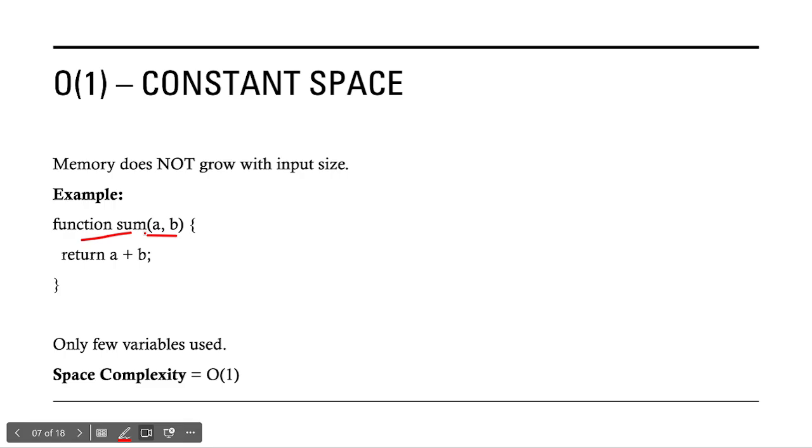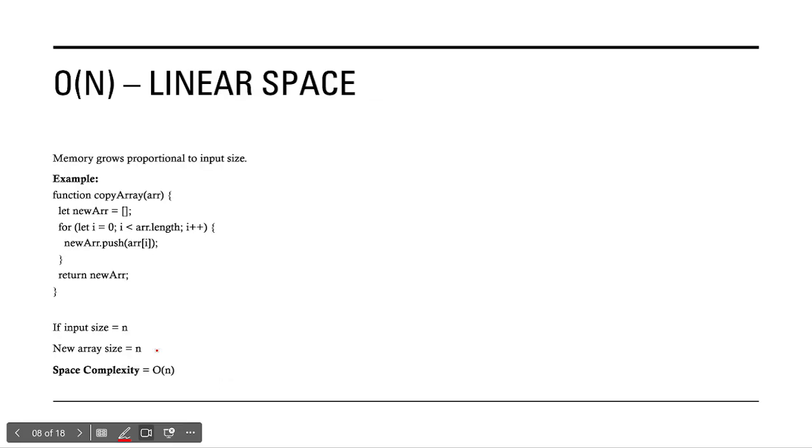So space complexity is Big O of 1 here. Means if I call sum with 1 or 2 digit numbers, it still returns a plus b. It makes no difference to the space complexity here. But a very important point is that a small number of variables is constant space.